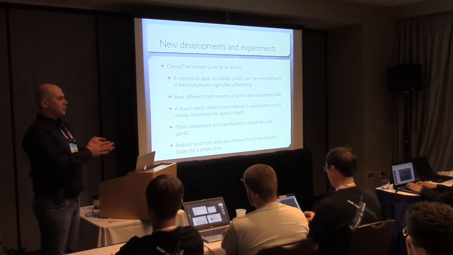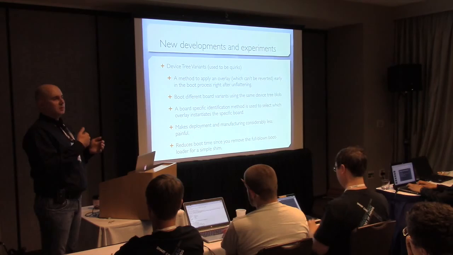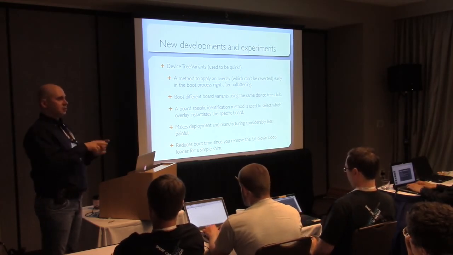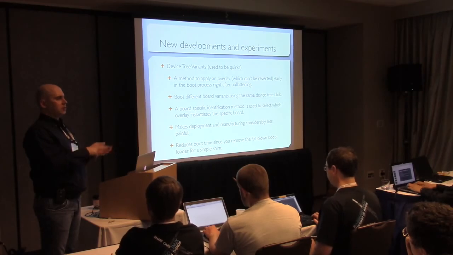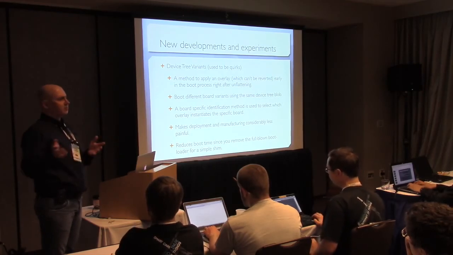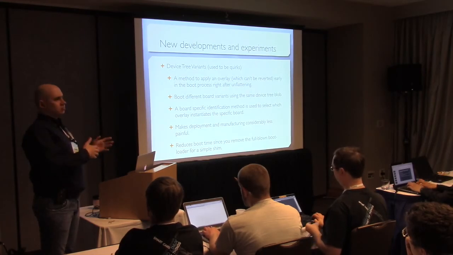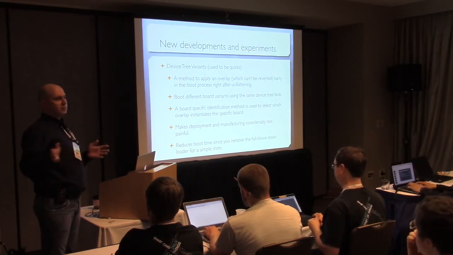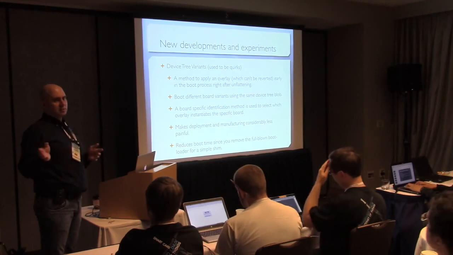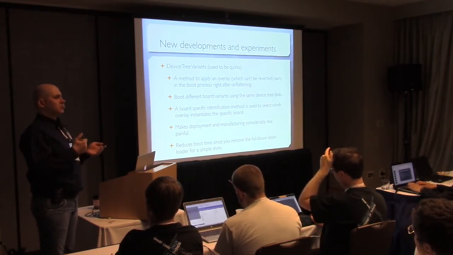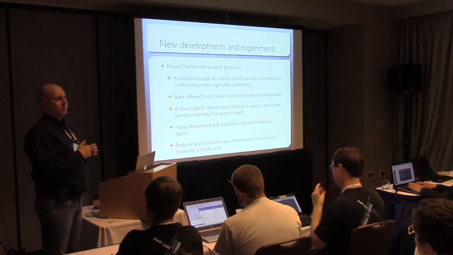But what happens if you want to use the same device tree blob to boot a number of related but not exactly similar boards, like the same board but a different revision? The way we do it right now is you have different device tree blobs for each revision. While this works, it's quite a burden for a lot of reasons.